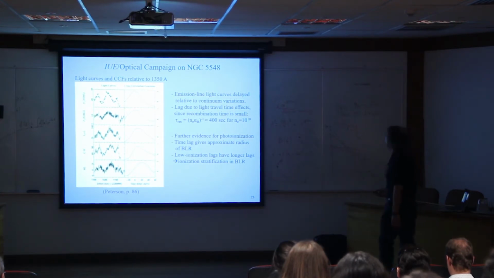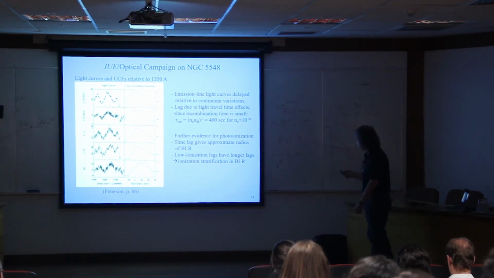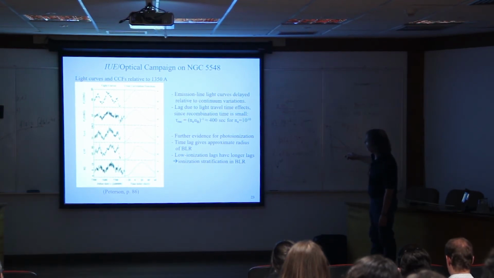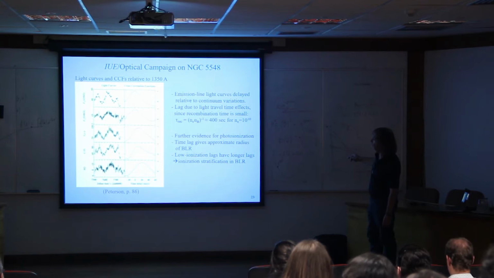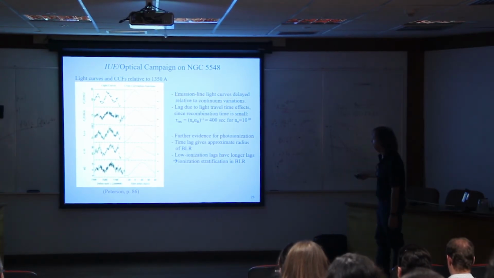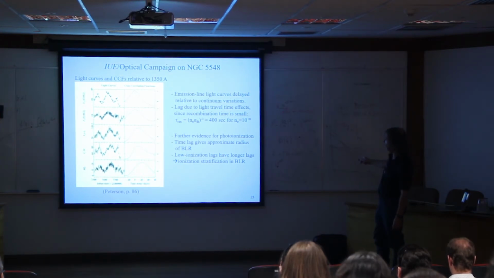So this goes back into the late 80s. People have been doing this for a while. And these are light curves of various lines. What they look for is a cross-correlation function. They look for the change in whatever they're looking at in response, in comparison to the change over time in the continuum. They turn this into a cross-correlation function relative to a continuum taken at 1350 angstroms.